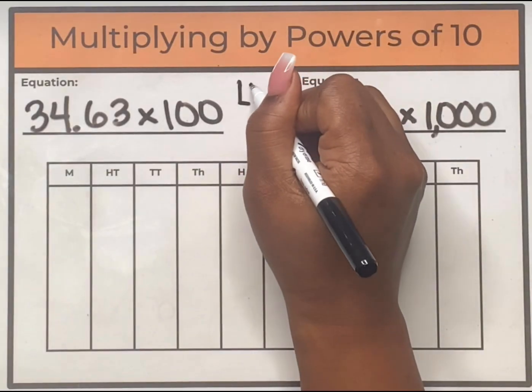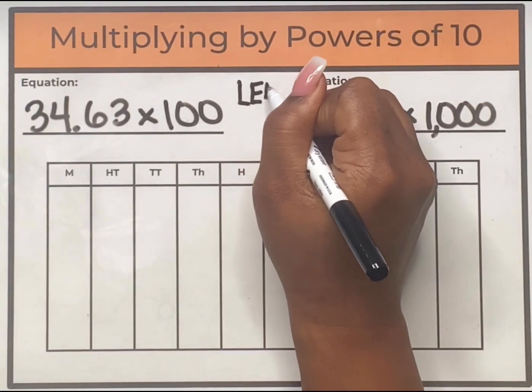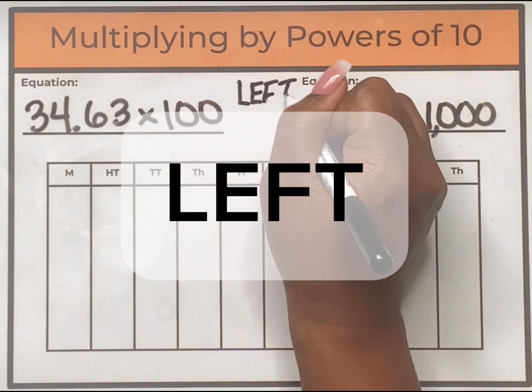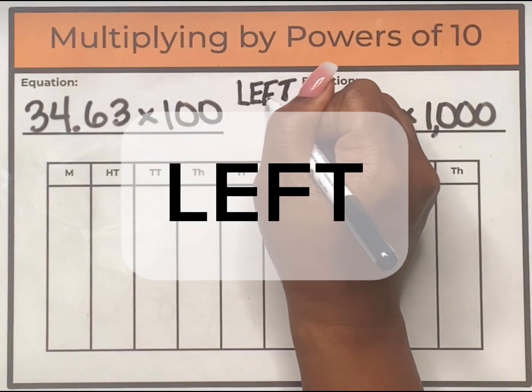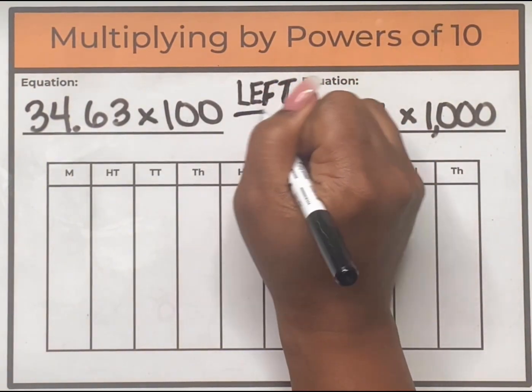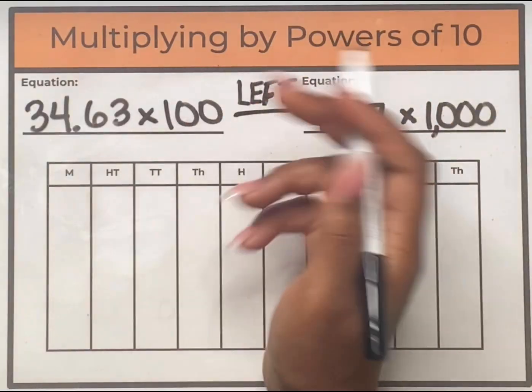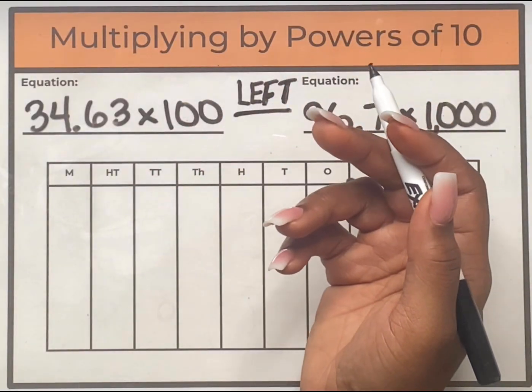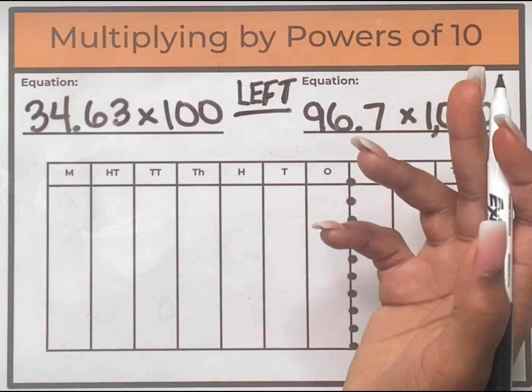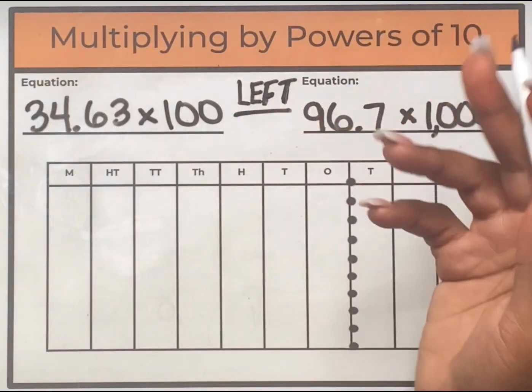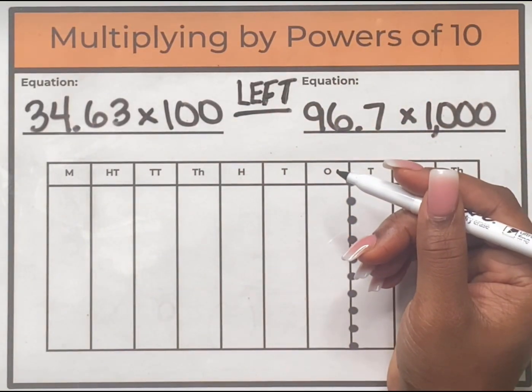Again, if we are multiplying, we're moving our digits forward or to the left. You're going to notice that your answer should get larger. And if you think about multiplication, our answers are increasing when we're multiplying.